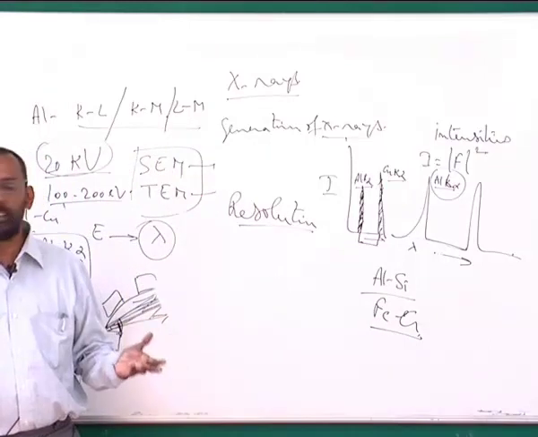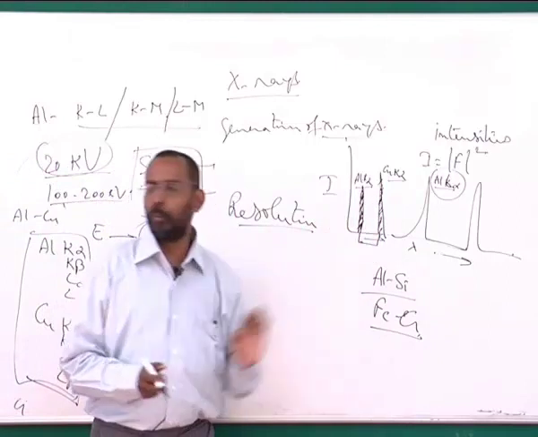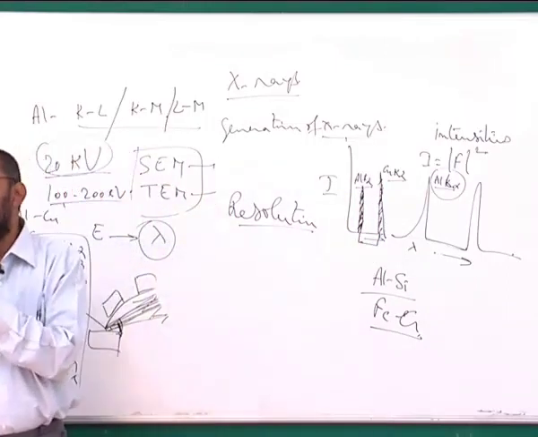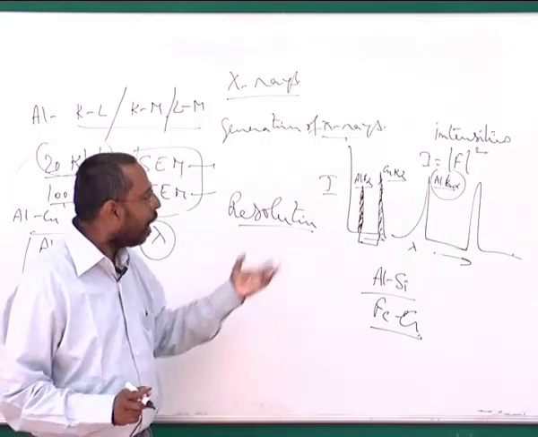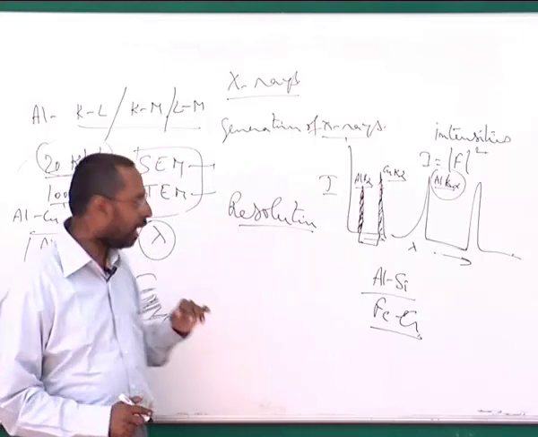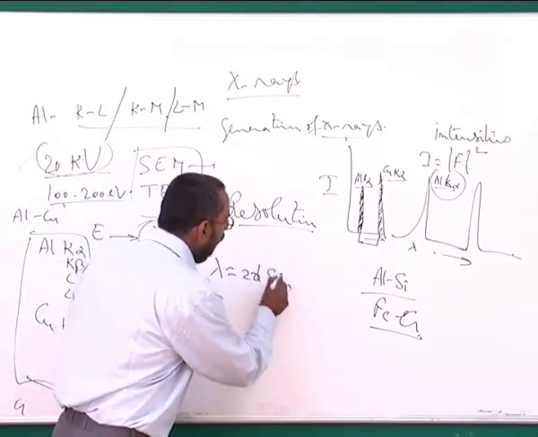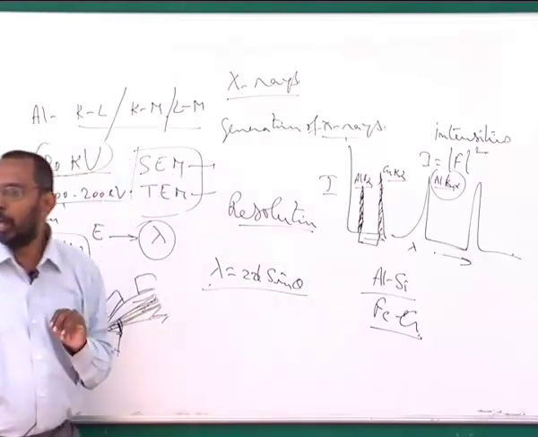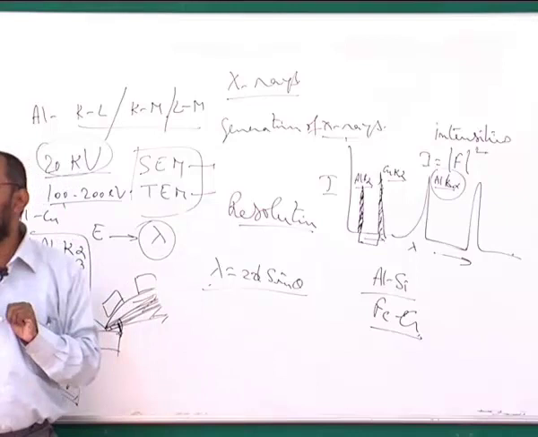For example, if I am working with a stainless steel with iron and chromium, you will always see that iron and chromium more or less overlap. And when they overlap, then it becomes very difficult for you to distinguish how much iron, how much chromium. And that is where WDS helps, because lambda equal to 2d sin theta, Bragg's law, is a very accurate law, so that even a small difference in lambda will make a small difference in theta.